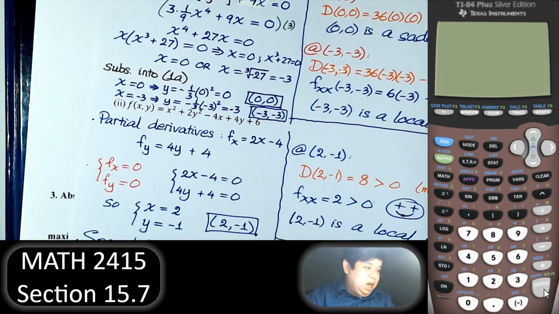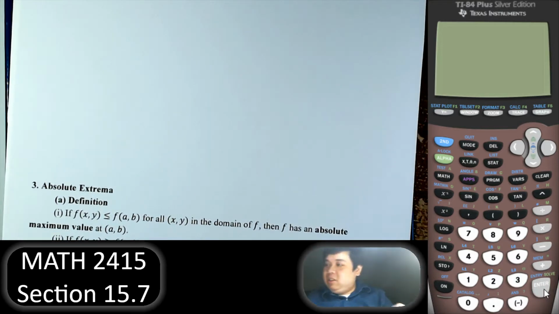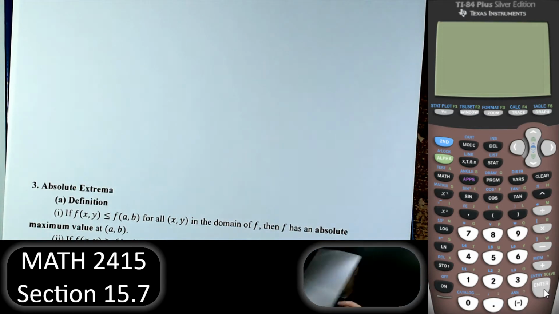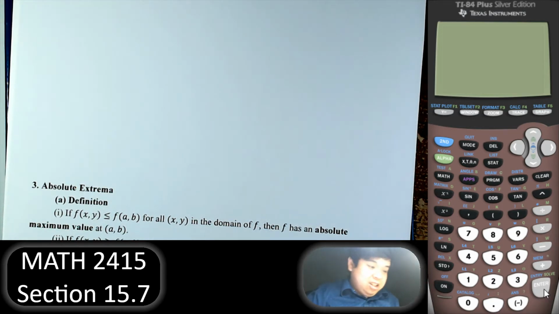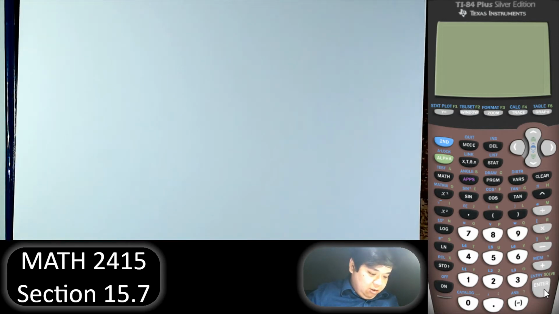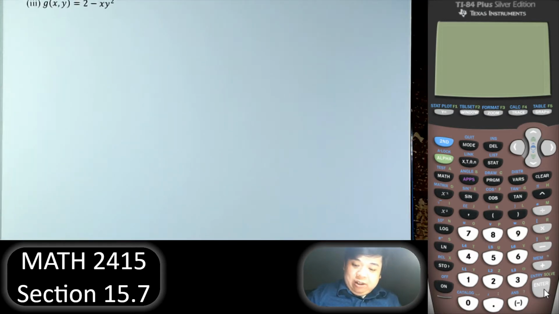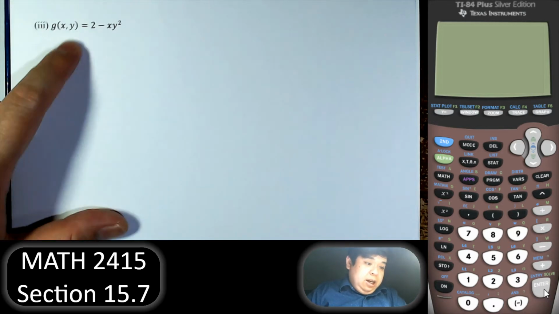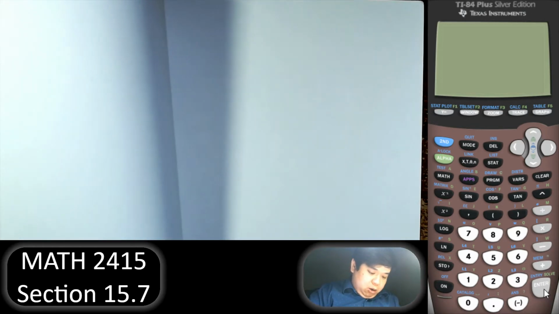Right, more examples. I did mention that this is a very long section, right? So yeah, we're halfway through it. Right. Now we have another problem here.